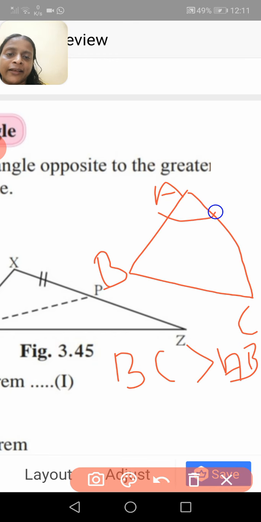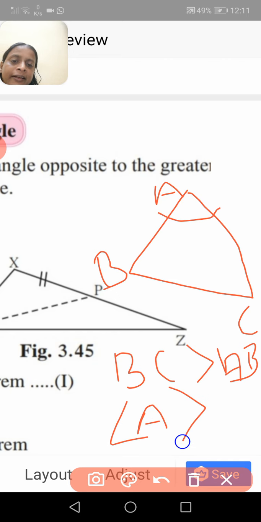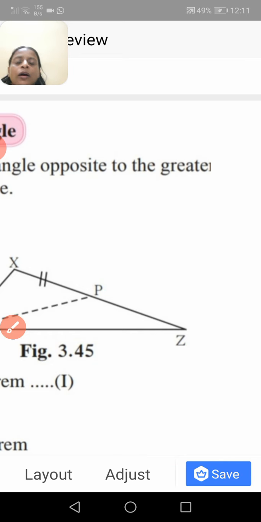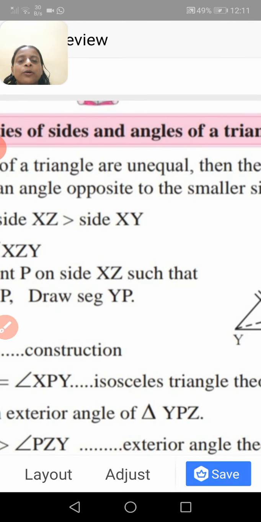This one, that is angle A. So we can take that measure of angle A is greater than, opposite of side AB is which angle? C. So measure of angle A is greater than measure of angle C. This is the theorem. That is, the angle opposite to the greater side is greater than the angle opposite the smaller side.